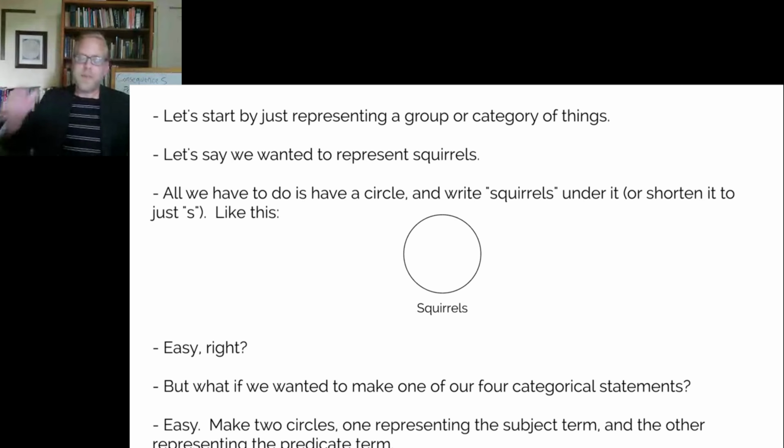So sometimes you just have to turn an adjective into a thing. All children are curious, right? That's not really a categorical statement yet. It needs to be something like all children are curious beings, something like that. We always have to make sure that we're talking about categories of things that we could potentially put into a circle.